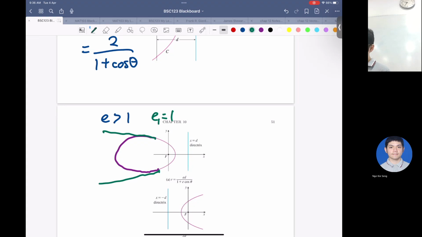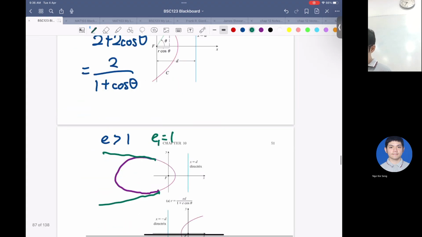If E is greater than 1, it is a hyperbola, so you add another branch here. You don't think that this is just one hyperbola branch, so you can complete that graph. Depending on your E, you can complete those graphs.